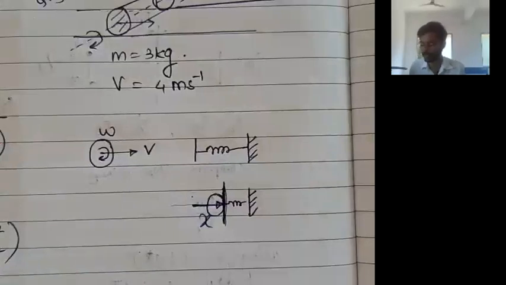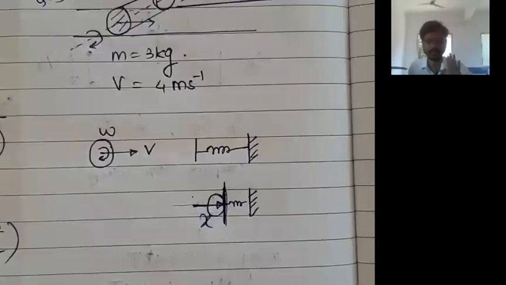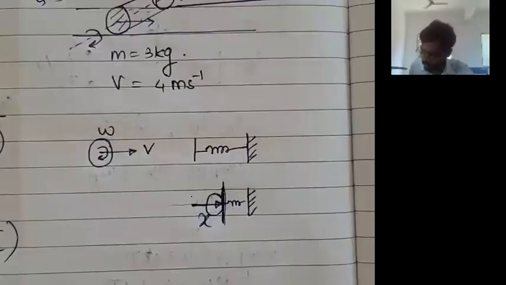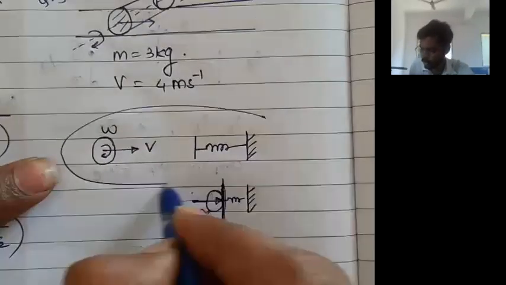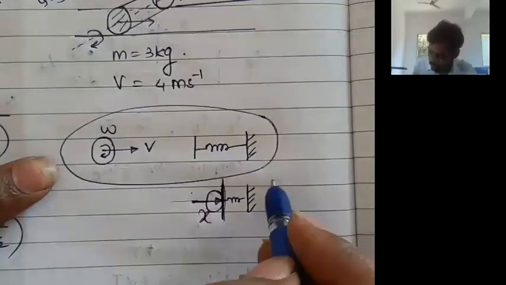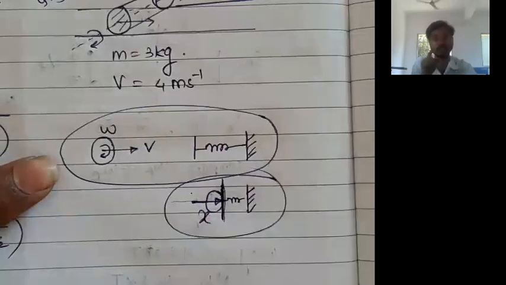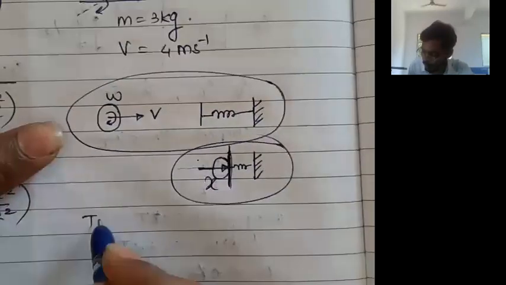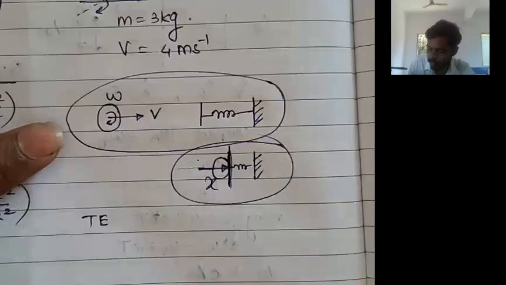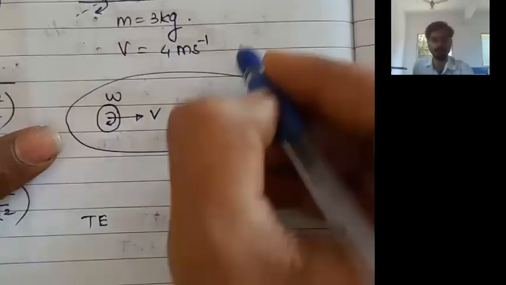Okay sir, for that what you have to do: there is no loss of energy, but the total energy of the system initially is equal to the total energy of the system finally. So here you have to write conservation of energy. We are asked the compression in the spring, so x is equal to question mark, the maximum compression in the spring.